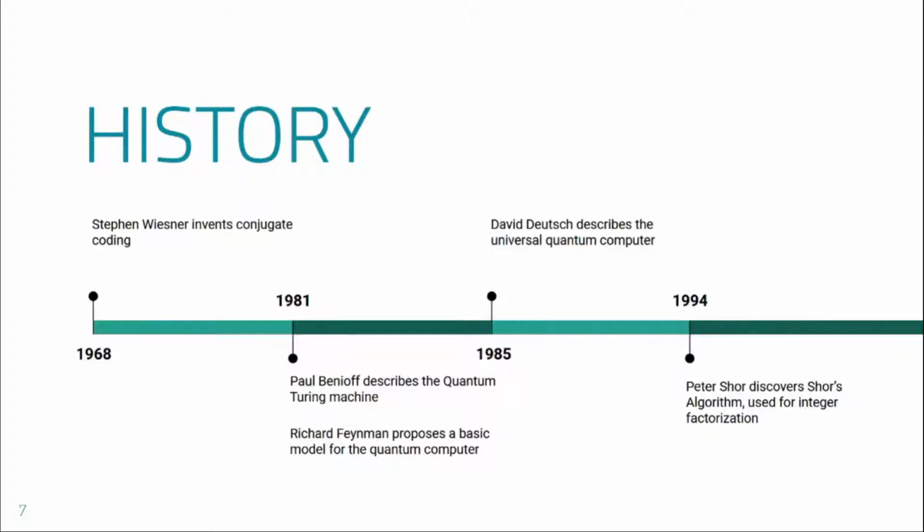In 1981, Paul Benioff describes the quantum Turing machine, which is also called the universal Turing machine. This is the first quantum mechanical model of a computer, and this event is sometimes referred to as the start of quantum computing.